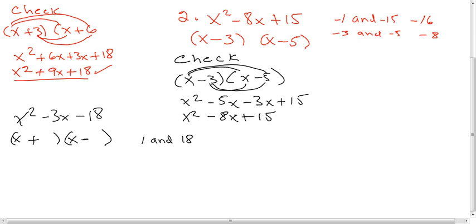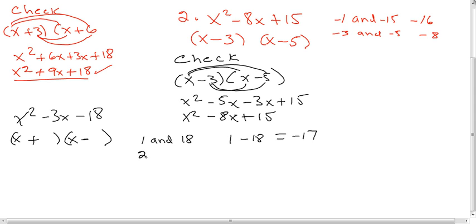When we look at 1 and 18, we have to figure out, well, we said the largest would have the sum of 1, and that's going to be minus 18, and 1 minus 18 will give you a negative 17, so that's not going to be correct. So what are the other factors?